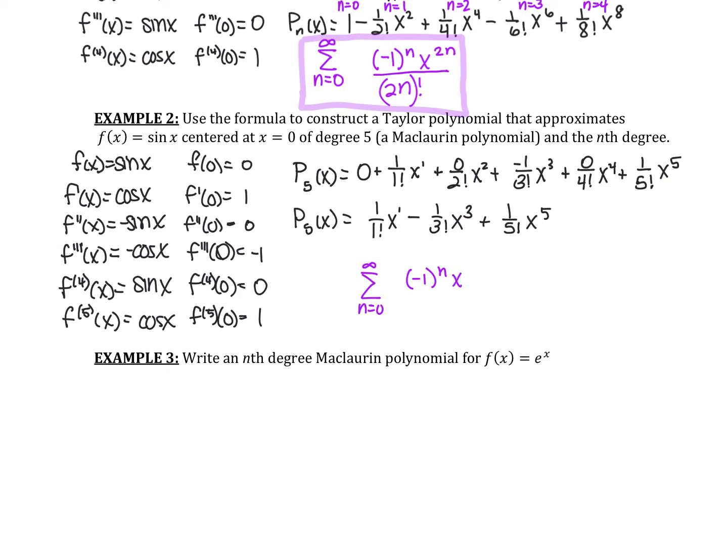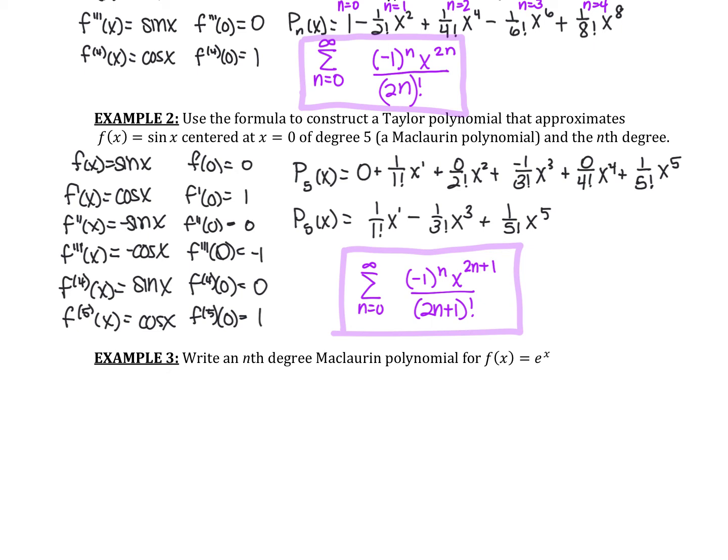To have odd powers, I'm going to do 2n plus 1. 2n plus 1 means odd. And I notice that all my factorials are odd as well. So I'm going to divide this by 2n plus 1 factorial. This is the general expression for the Maclaurin polynomial that models y equals sine of x.